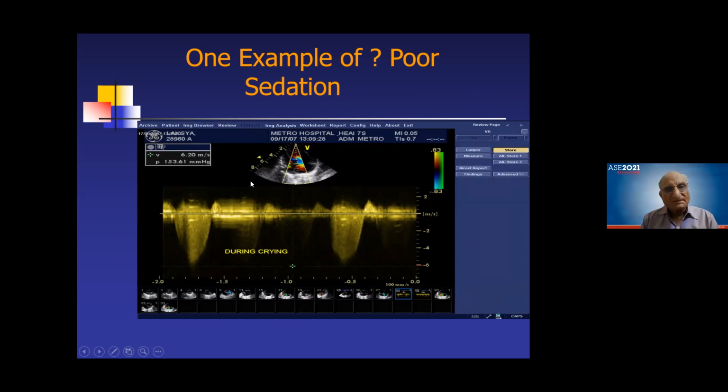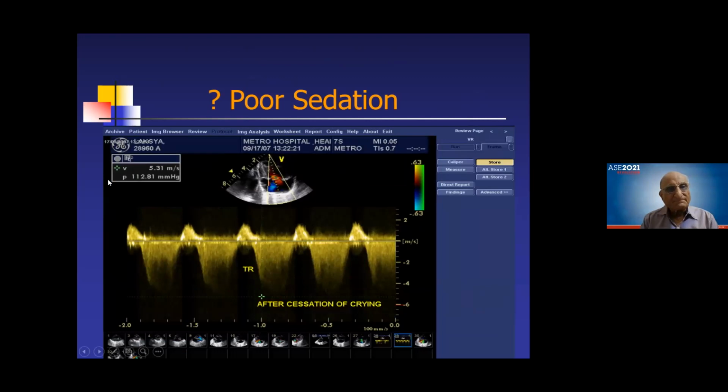When the child was sedated, although it was still high, it came down from 153 to 112. That means a fall of about 42 millimeters. So you should be very gentle and very patient when you see a congenital heart disease.